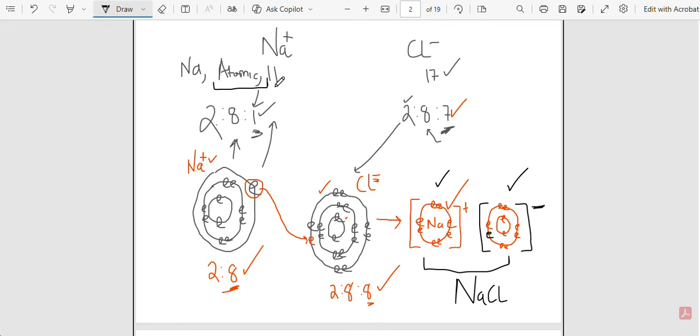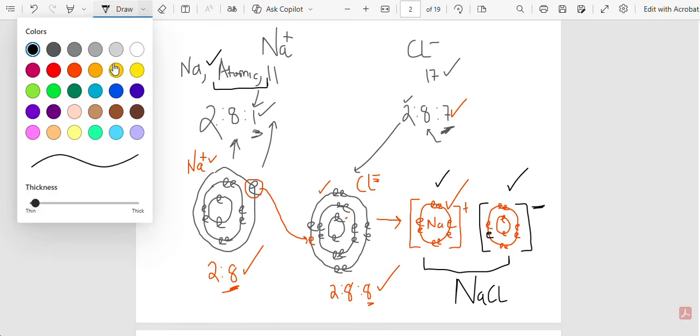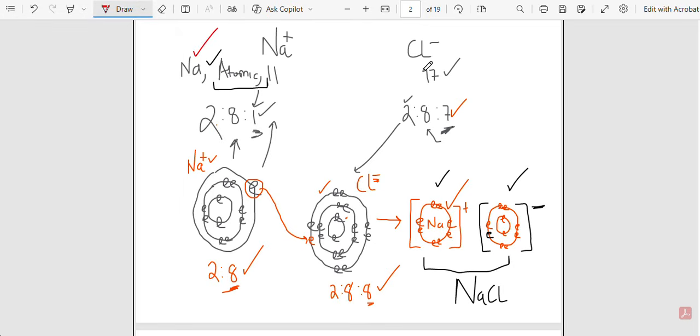What we have formed here is what we are calling sodium chloride. Hope you have understood that. The first basis, I said you start from what is an atom. Then you identify the atomic number of sodium, and you also identify the atomic number of chlorine.